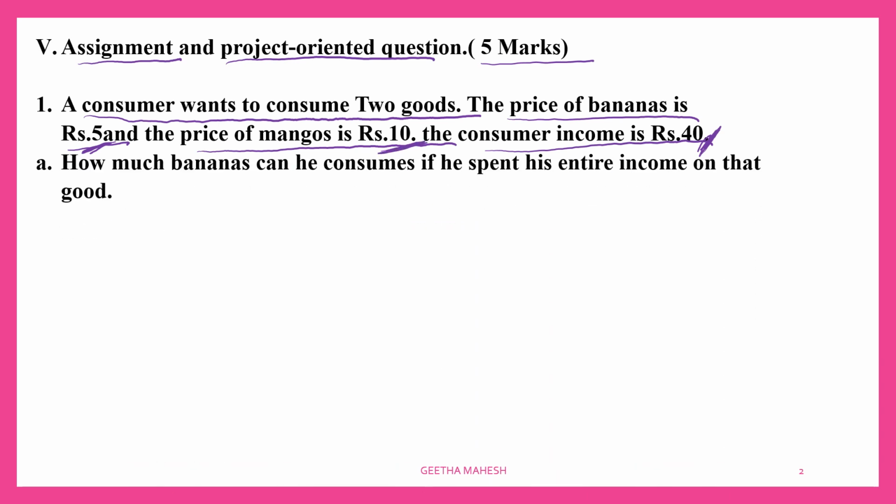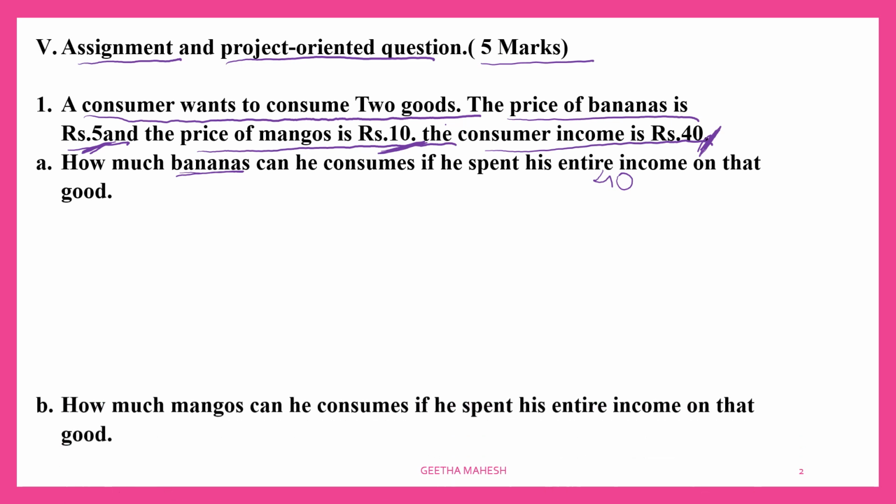Now, let us see what the questions are. How many bananas can he consume if he spends his entire income on that good? Entire income means the consumer is going to spend 40 rupees only to buy bananas.